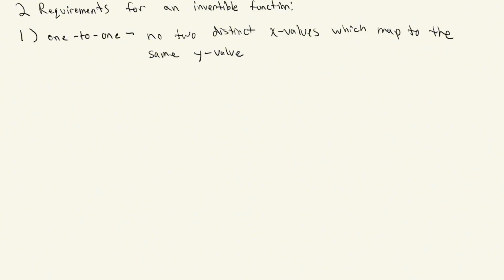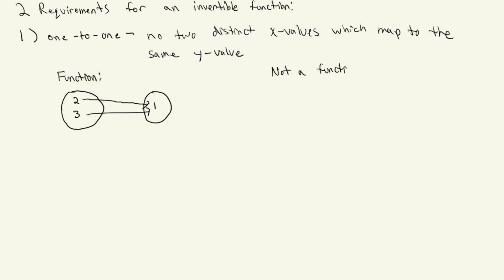We previously talked about how a function looks something like this. So if this is the domain of the function, maybe we'll say 2 and 3, and this is the range of the function, maybe we'll say just 1. Something like this is okay and is a function. So basically, every x value is mapped to some y value. But as we also saw, not every mapping like this is a function. So something like this would not be a function.